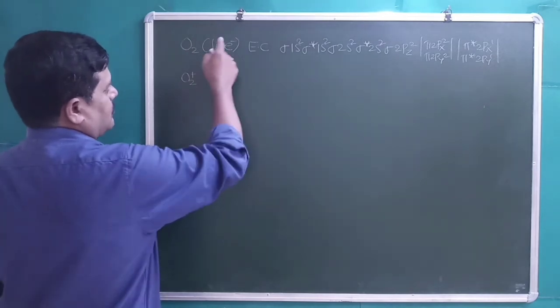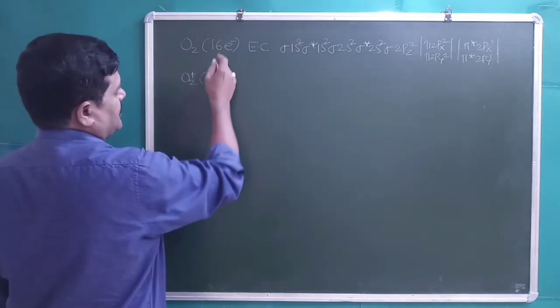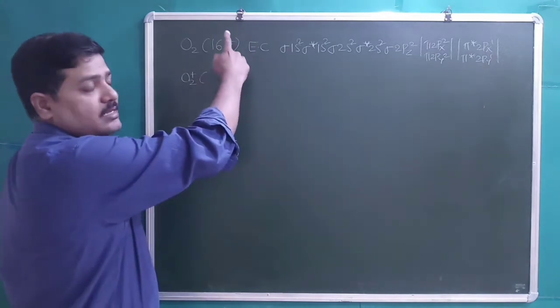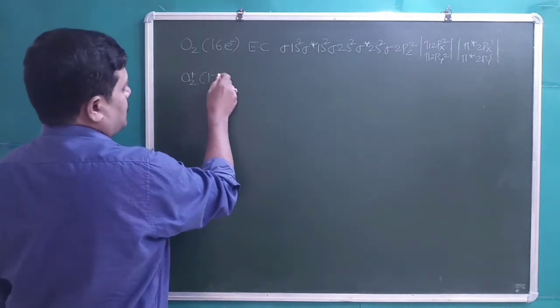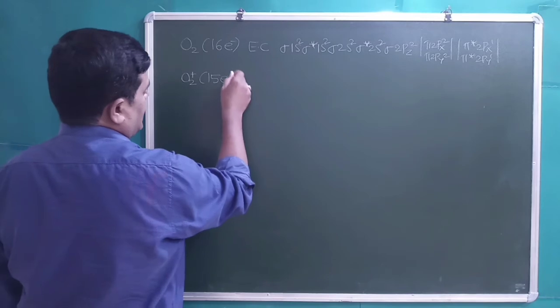For O2 plus, O2 has 16 electrons and O2 plus has 1 electron less than O2, so it has 15 electrons.